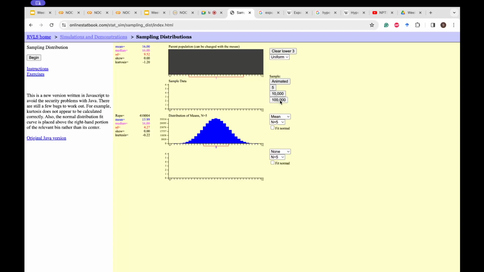So do you see the distribution of the mean of the samples from a normal distribution or any sort of distribution in general tends to a normal distribution. And if you see the mean of this distribution, it is 15.99. It's closer to the original distribution's mean. But here the sample size was 5.